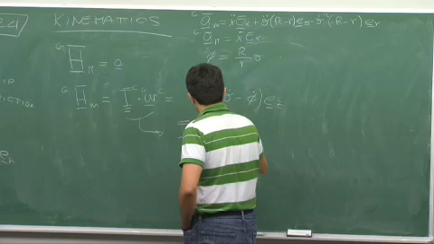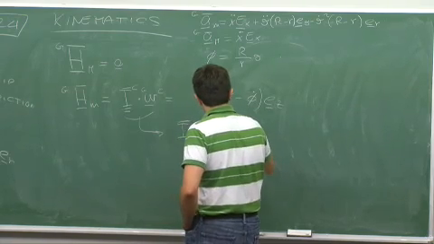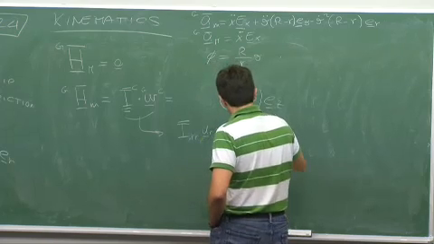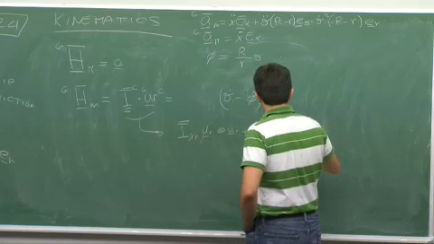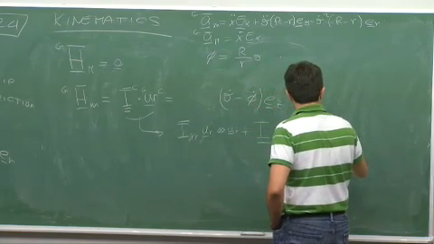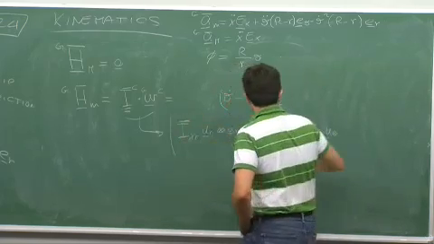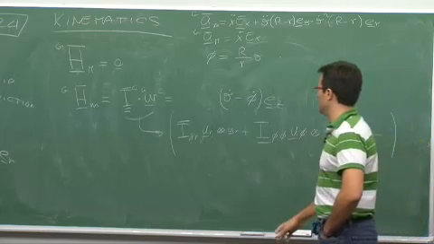Oh, that's UR, I'm sorry. UR circle cross UR plus I phi phi, U phi circle cross with U phi, etc., etc., etc. Okay, and there is also the other terms.